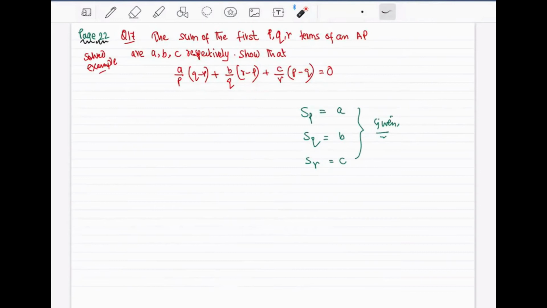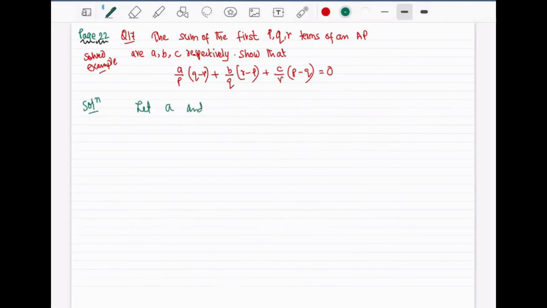Simple as that. So what is given here? These 3 are given. You have to make them into equations. So let's start a proper solution. You have to start with: let a and d be the first term and common difference of the AP respectively.